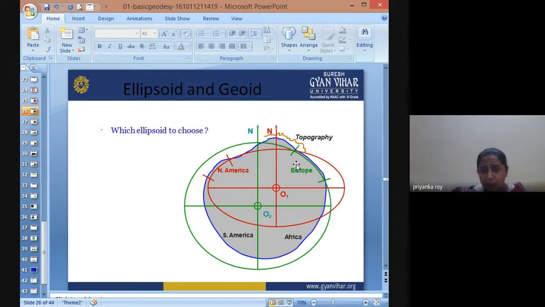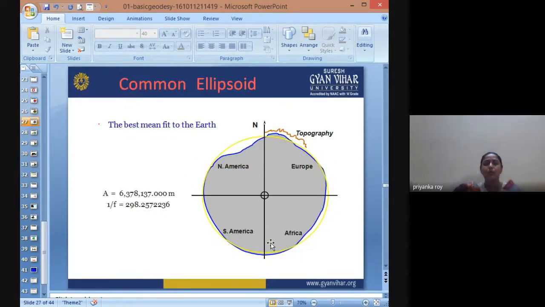It is somewhat close to the European continent, and it represents the North American continent, but in the southern hemisphere it is not properly representing. When we come to the spheroid or geoid shape, this is not representing anything at all. All of these representations of the earth will be exaggerated. So we have to choose the optimum mean for representing the earth.